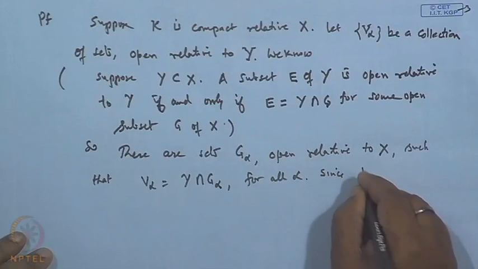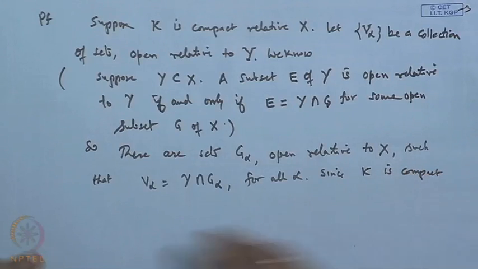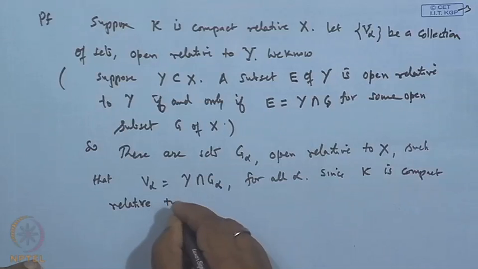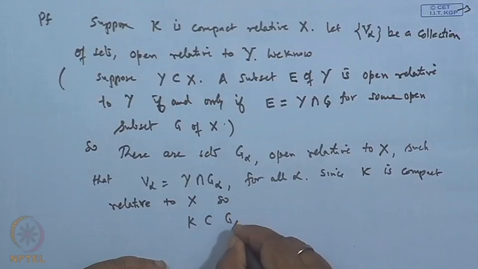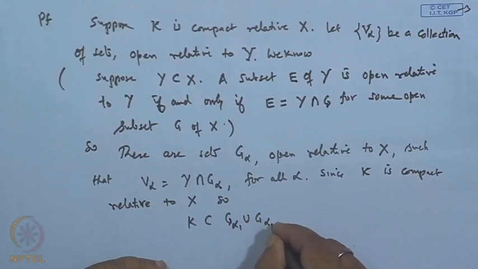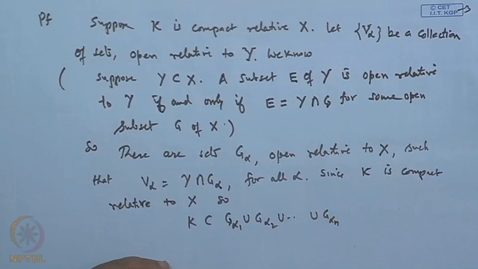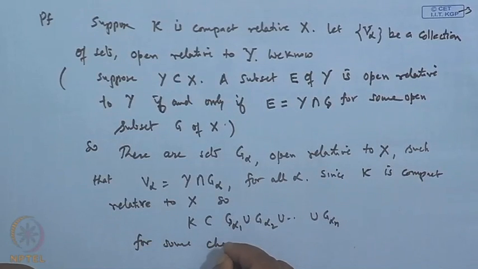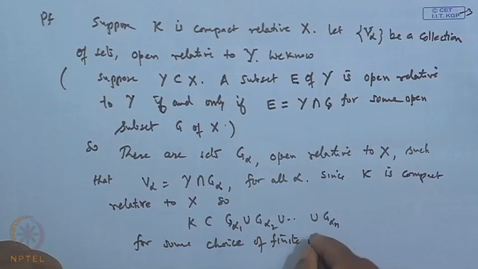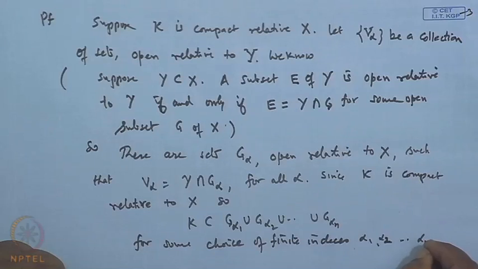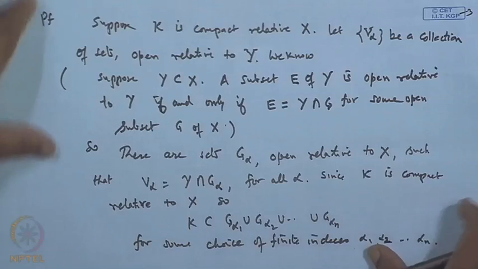Since K is compact relative to X, K will be contained in the finite union of these open sets G alpha 1, G alpha 2, G alpha n, for some choice of finitely many indices alpha 1, alpha 2, alpha n. Okay, like this.